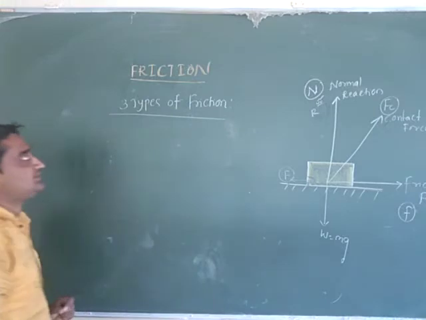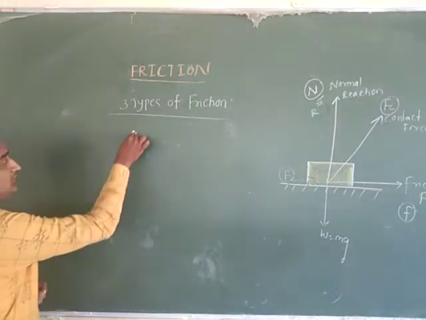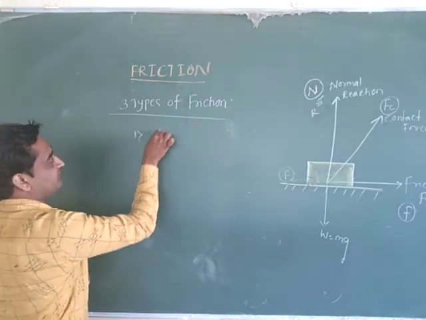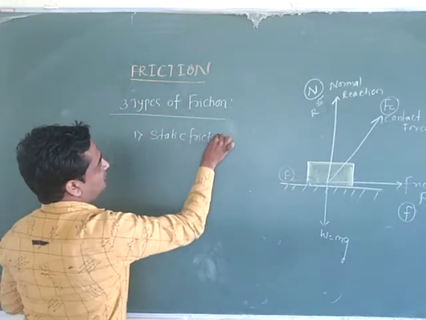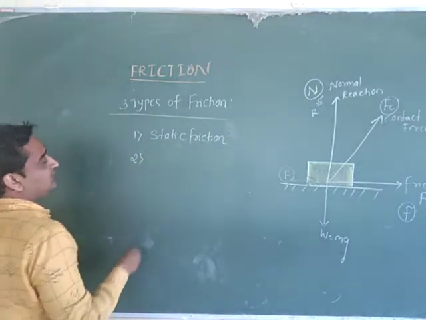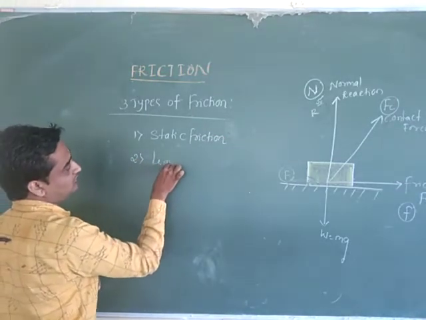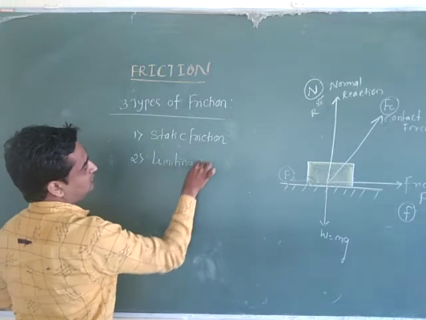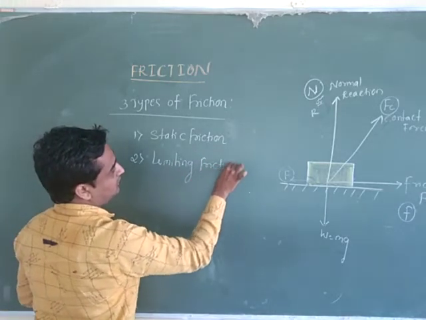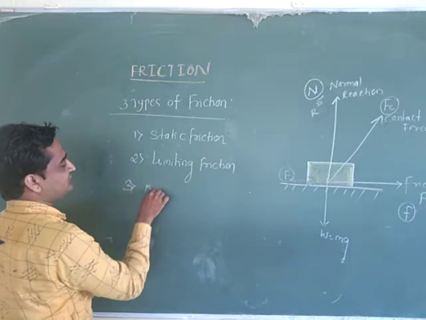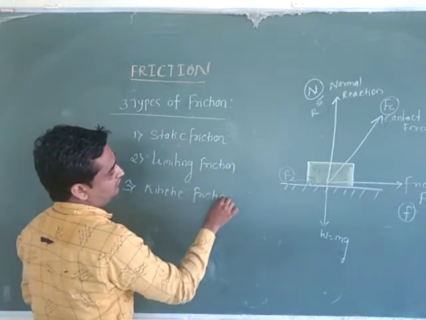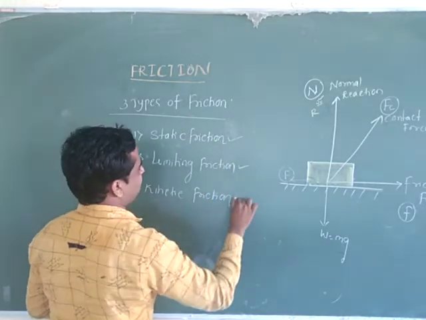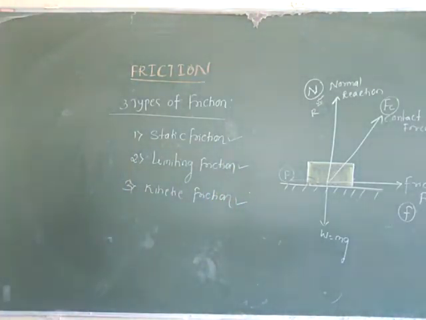First one is static friction, the second one is limiting friction, and the third one is kinetic friction. So what is meant by static friction, what is meant by limiting friction, and what is meant by kinetic friction? Now let us discuss one by one.